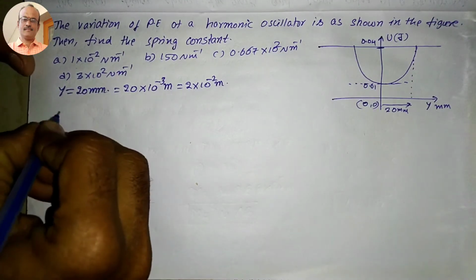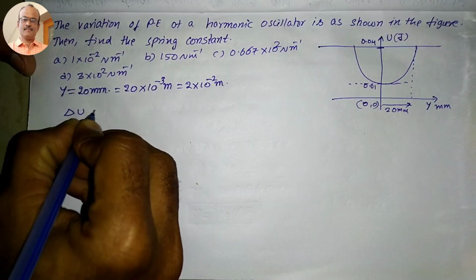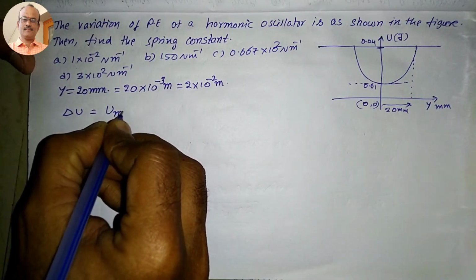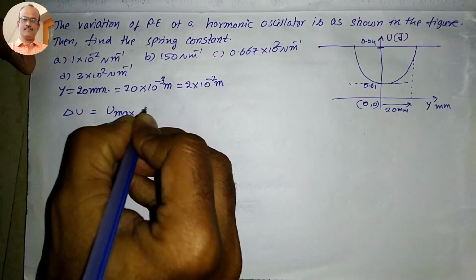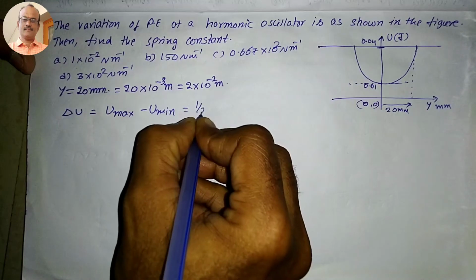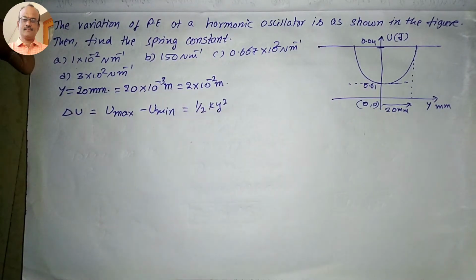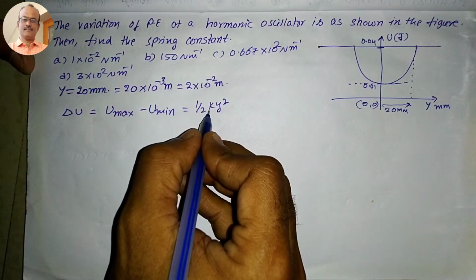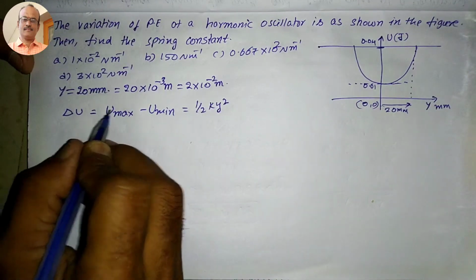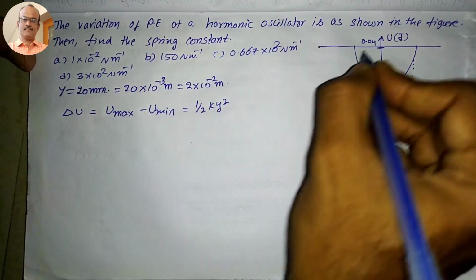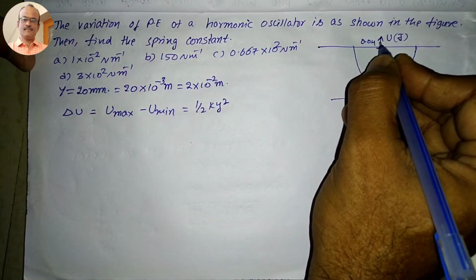So change in potential energy is equal to potential energy maximum minus potential energy minimum, which is nothing but half k y square. So k we want to calculate, but here U max and U minimum are very important. U max means up to here 0.04.